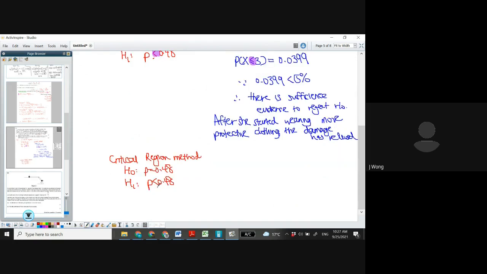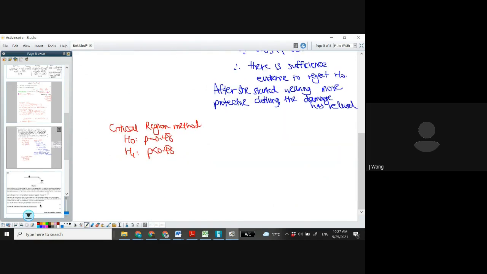H1: p is less than 0.48. First things first, I need to create a region so that I reject H naught. In order to reject H naught, my p-value, the probability value, has to be less than the threshold 0.05.